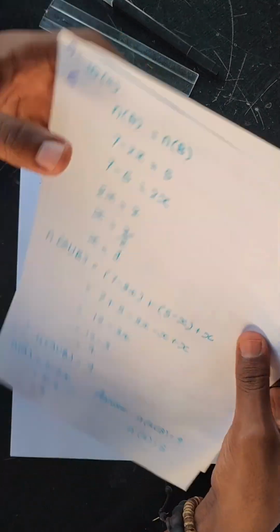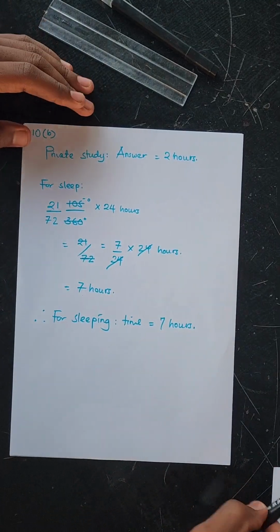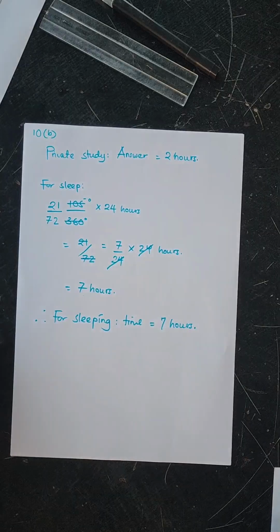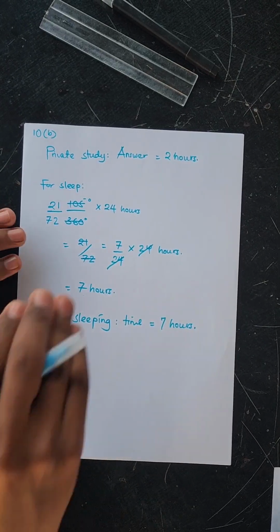Okay, moving on to the last question. So the last question says, the given pie chart represents the number of hours spent by John doing different activities on every Monday.